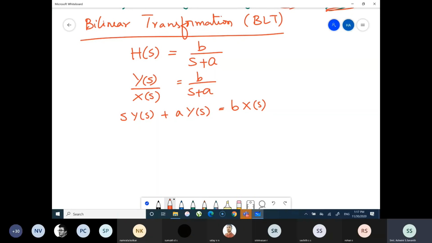S into Y of S, inverse is dy of t by dt, plus A, Y of S, inverse is Y of t. They are going to be continuous signals, isn't it? Laplace is always for continuous signals. Z transform is for discrete signals. Equals B into X of t, by writing the inverse.